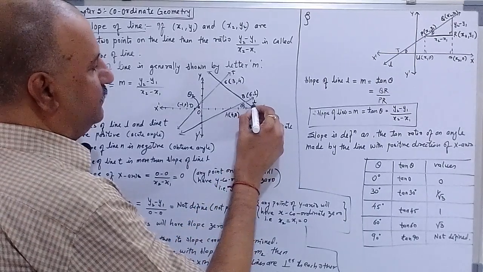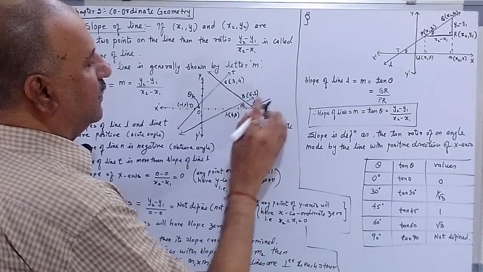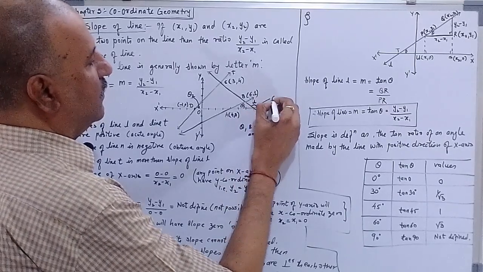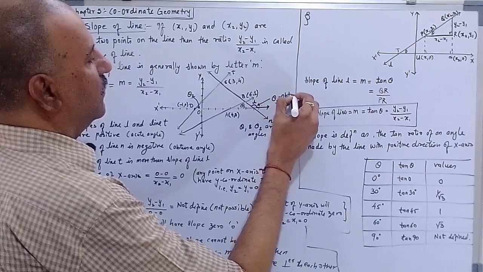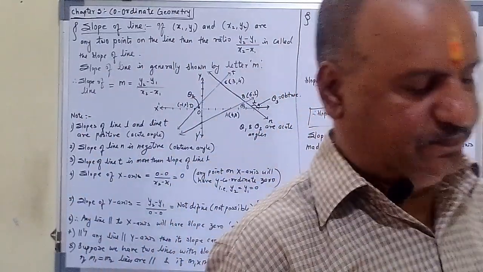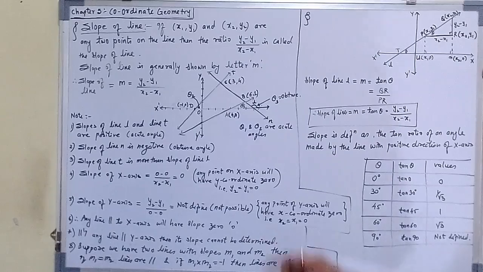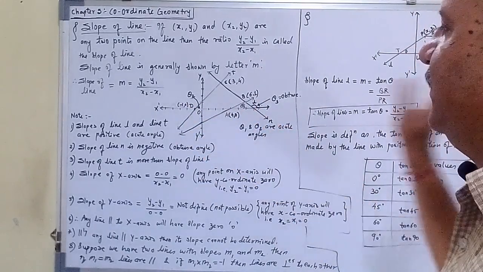Look at this. This is theta 3. Line L is making angle theta 3 with the positive direction of x-axis.